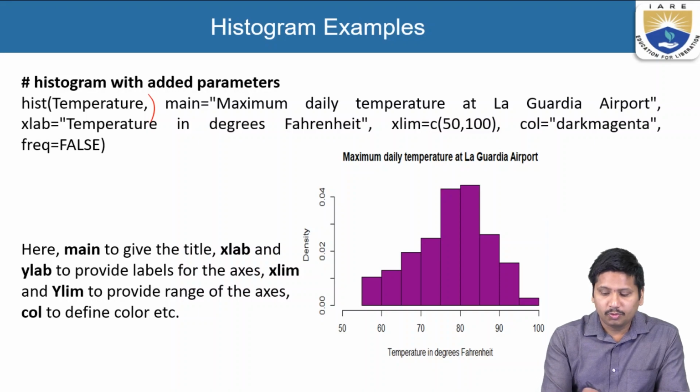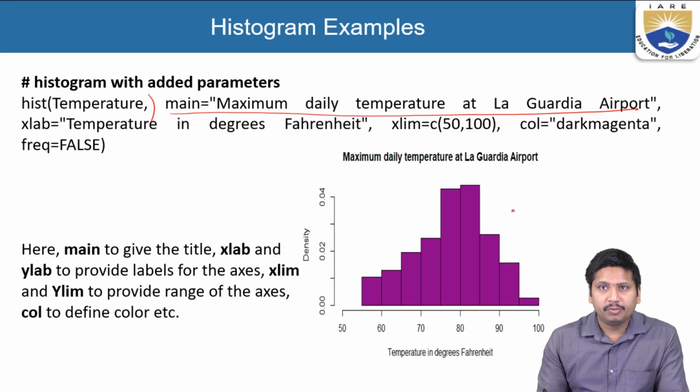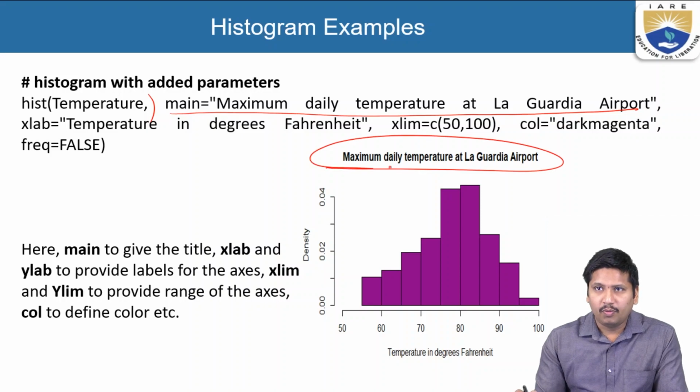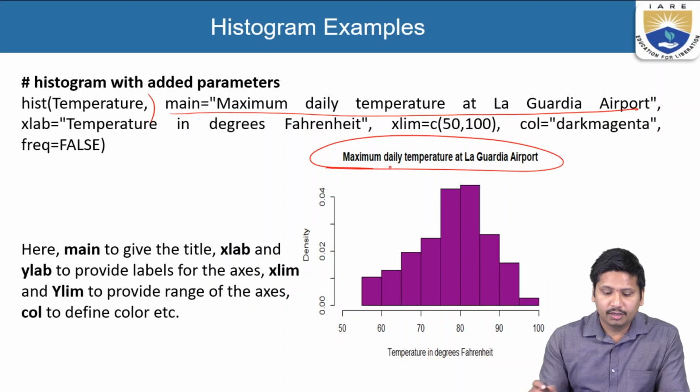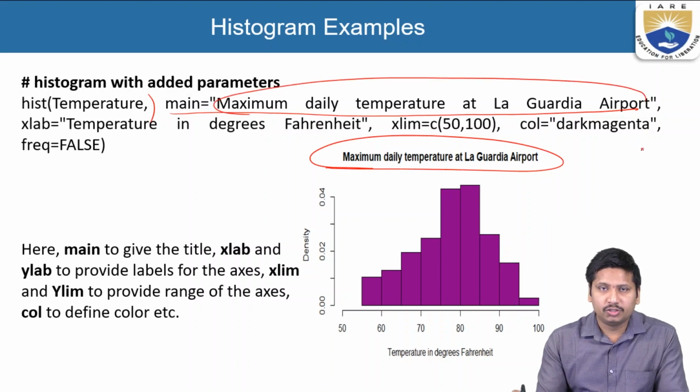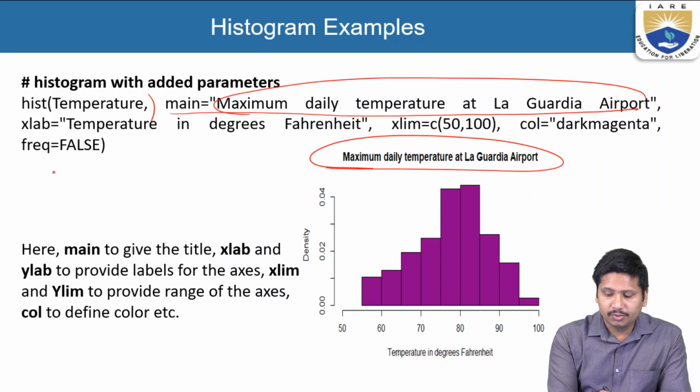From this I'm going to specify the main heading: maximum daily temperature at LaGuardia Airport. This should be the title I want to add to the histogram. Then I can write main equal to, and within the quotations I mention the title of this histogram, and xlab is this.